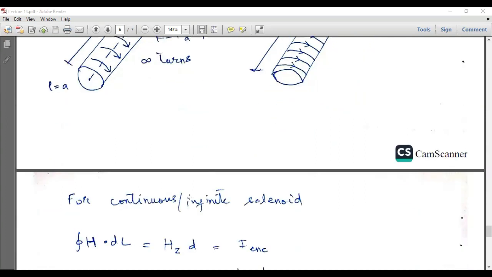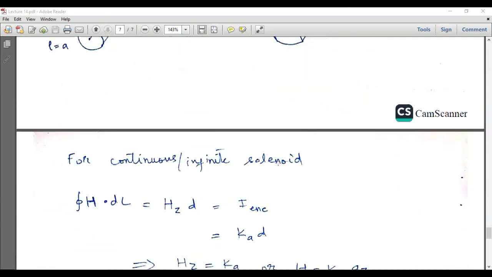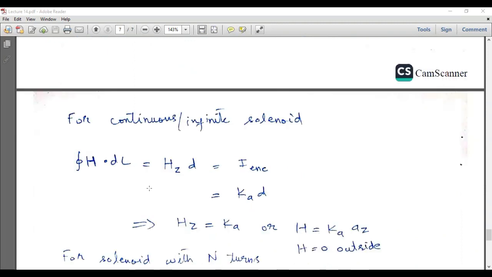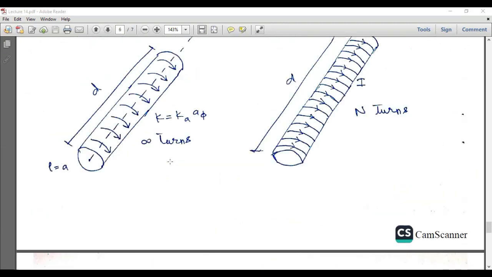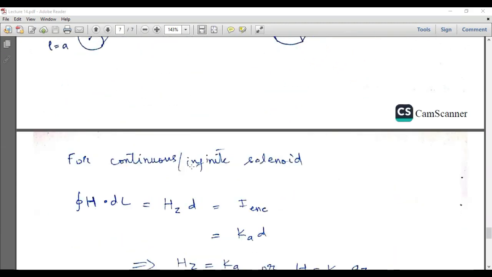So let's start the calculations. For the continuous or infinite solenoid, Ampere's law can be applied, and H dot dl, where dl is equal to dz, so the length of the solenoid being d, it becomes H into d a_z.